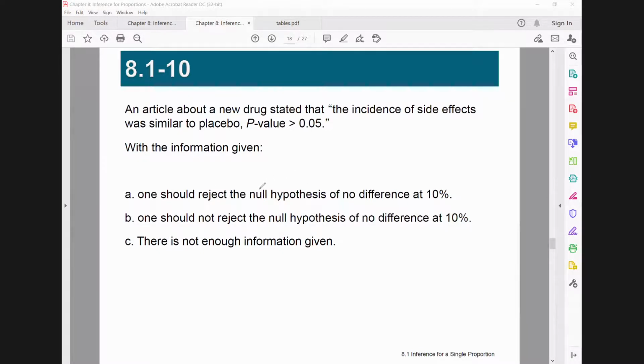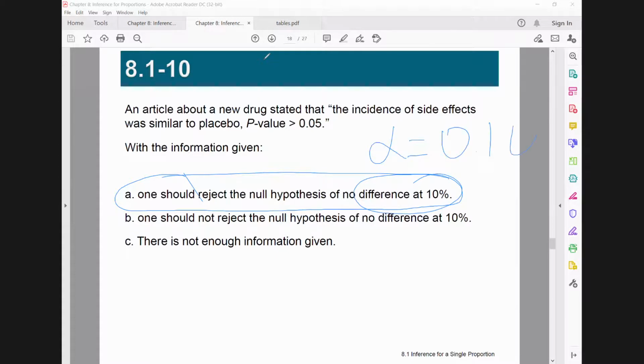Is the first statement true? Is it possible to reject the null hypothesis of no difference at 10%? Once he said 10%, that means alpha is equal to 0.10. Can we compare the p-value with 0.1?